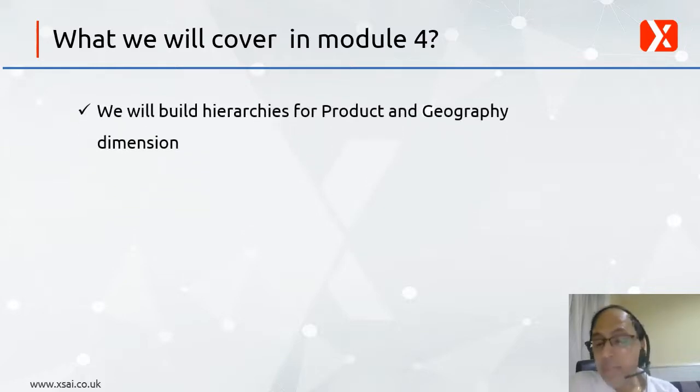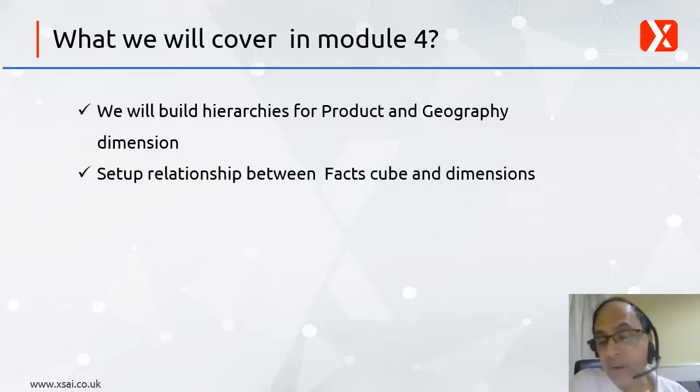We will be building hierarchies for the product and geography dimensions, and we will also set up the relationships between the fact and the different dimension tables, which are referred to by the fact cube. Once we finish module 4, in the last module, module 5, we will cover visualization. Thank you.